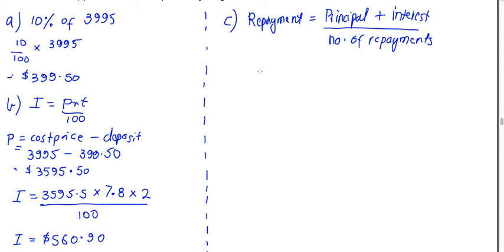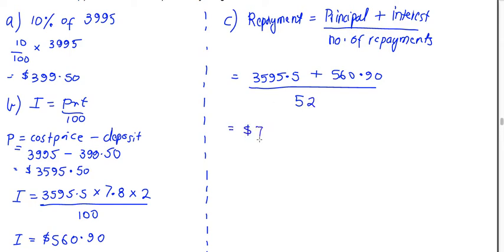So let's calculate it now. The repayment would be the principal, 3,595.5, plus the interest, which is 560.90, over 52. And we come up with a fortnightly repayment of $79.93.